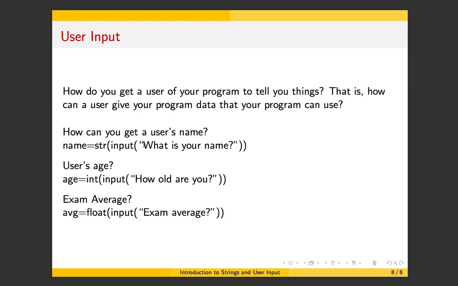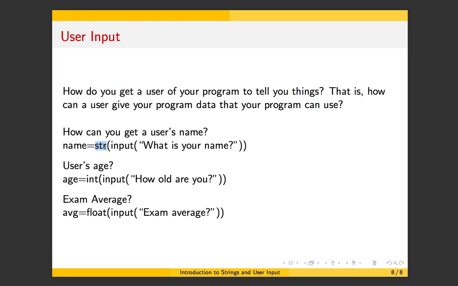But their age, you might want to treat it like a number, like you might want to add it to other people's ages to create an average, or an exam average. You might want to treat that as a number, not as a string. You could certainly treat numbers as strings if you feel like, but usually when you're getting numeric data like this, you might want to do arithmetic with it. You want to do numeric things with it.